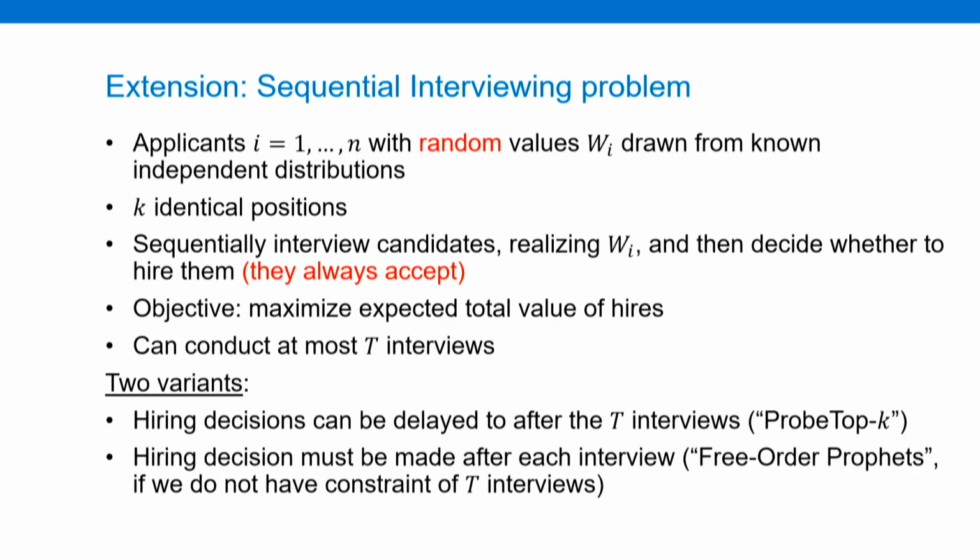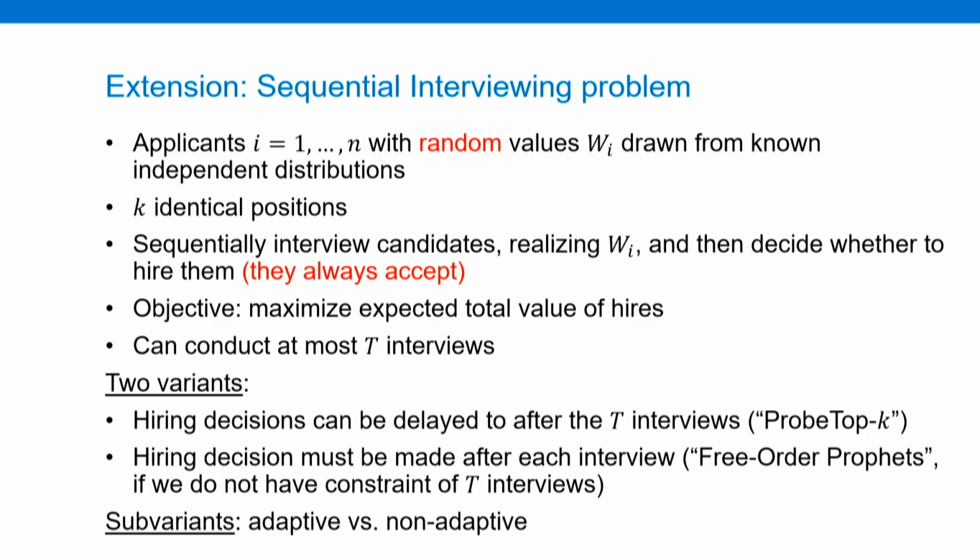If I have to immediately make a decision after each interview, this is called the free order prophets problem, where usually I don't even have this constraint of T interviews. The problem there is hard, non-trivial, even if I don't have a limit on the number of interviews, because immediately after I draw one of these random variables, I have to decide whether to commit to taking it or not. And there are further subvariants: you can also optimize over adaptive or non-adaptive algorithms.